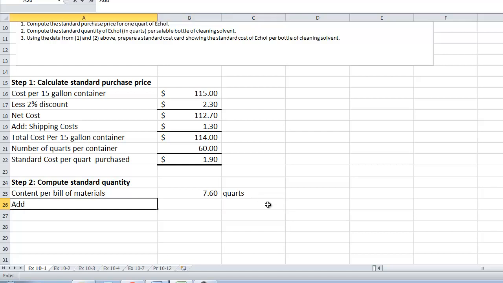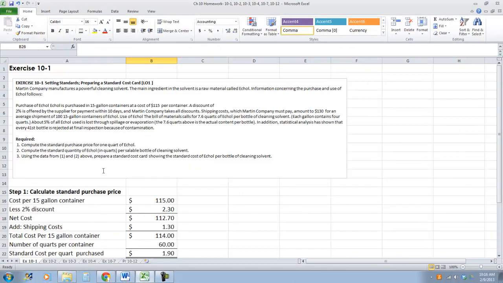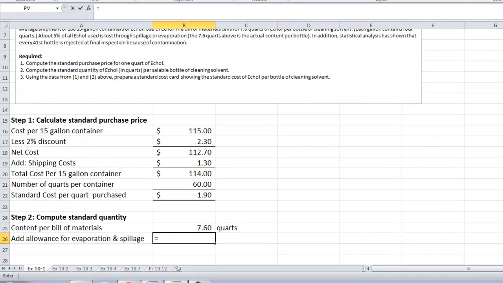And then we have to add an allowance for evaporation and spillage. Now in here it says that about 5% is lost through evaporation or spillage.